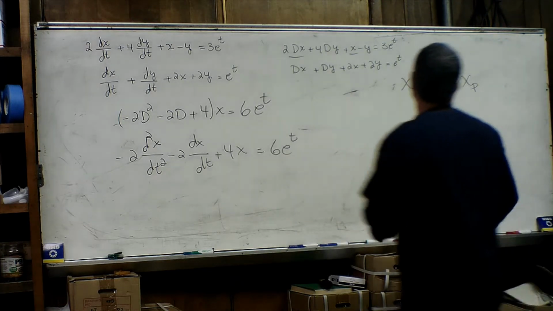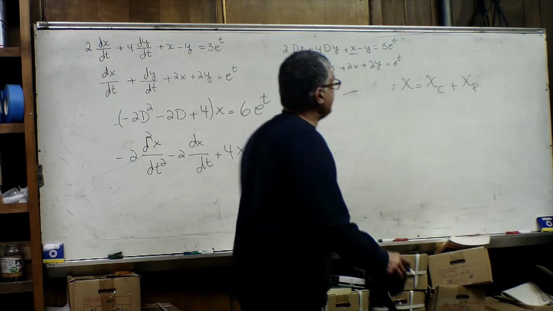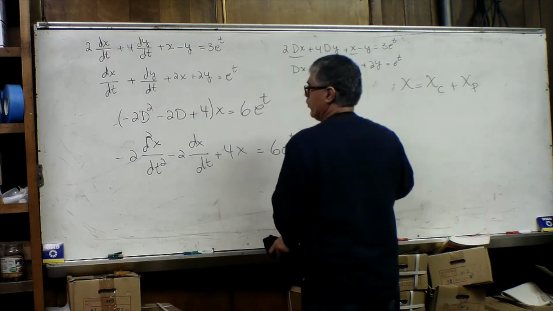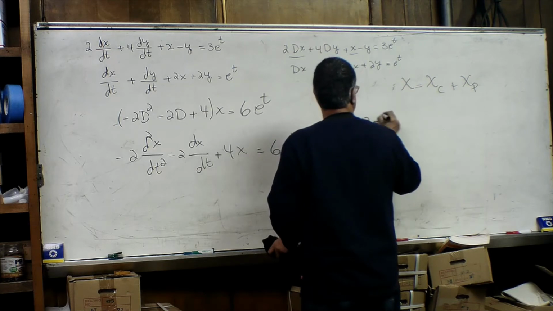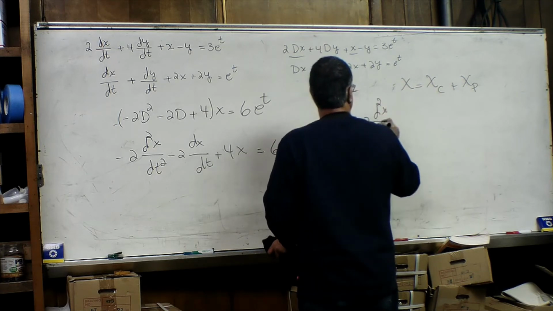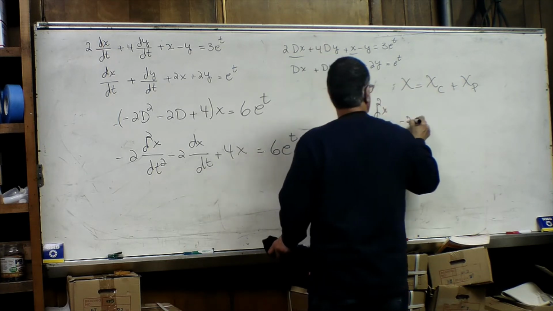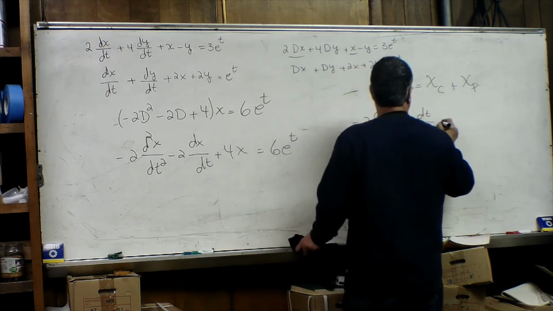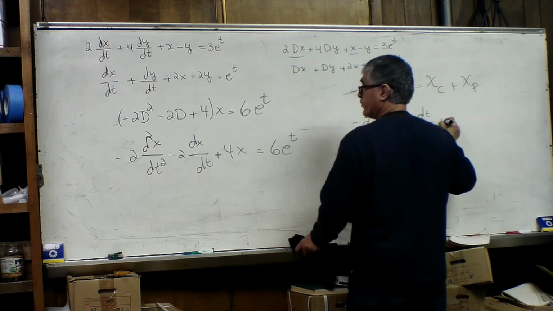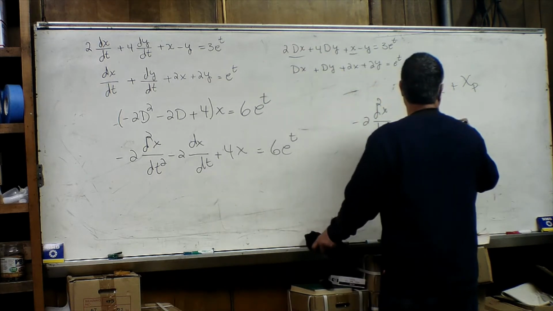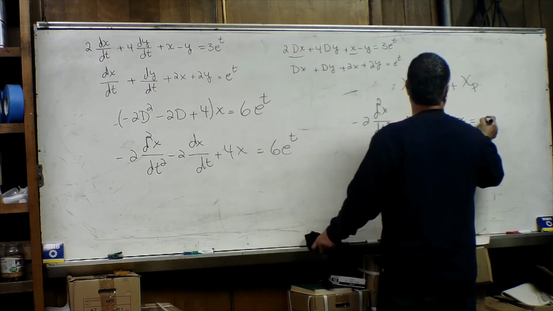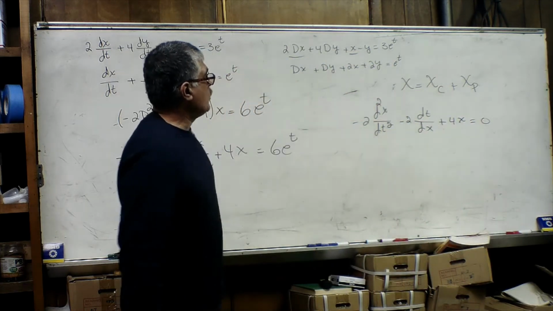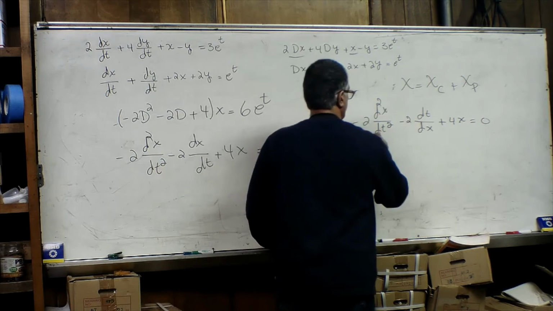So in order for us to find xc, that means the solution to the homogeneous portion, we're going to have minus 2 d squared x over dt squared minus 2 dx/dt plus 4x is equal to 0. Let's divide both sides of the equation by minus 2.